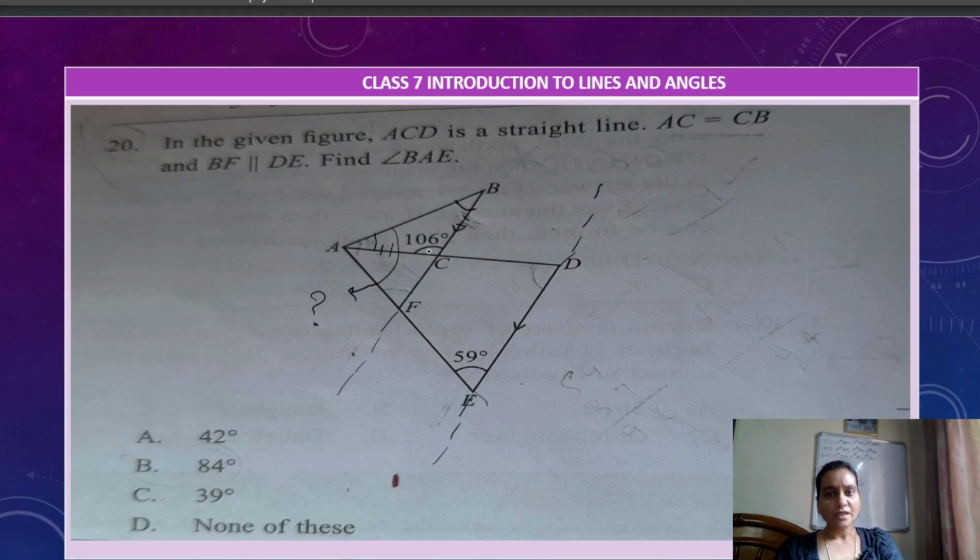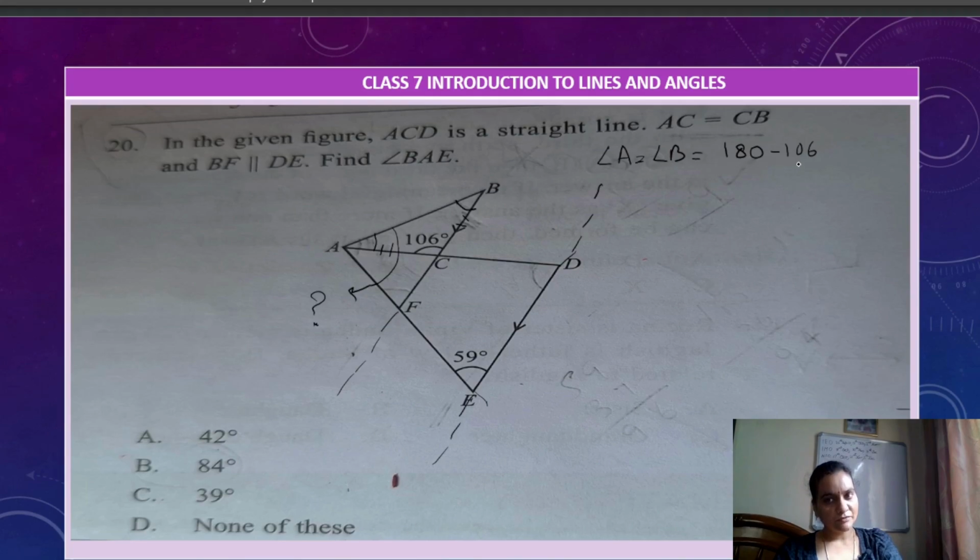So if this angle here, angle C, is 106, then both angle A and angle B are equal. Why? Because it's an isosceles triangle since AC is equal to CB. So both will be how much? 180 minus 106 will be the sum of angle A and angle B, right?